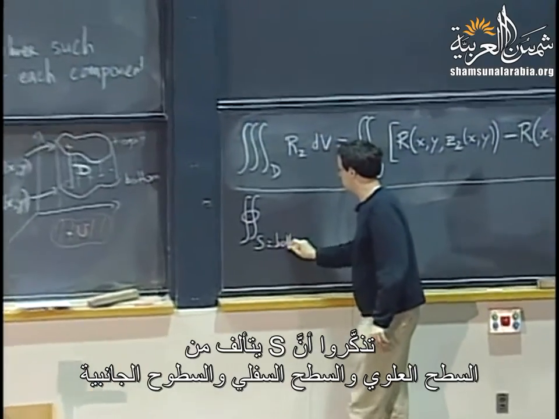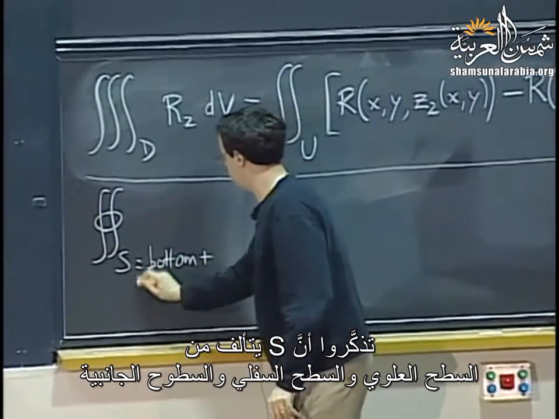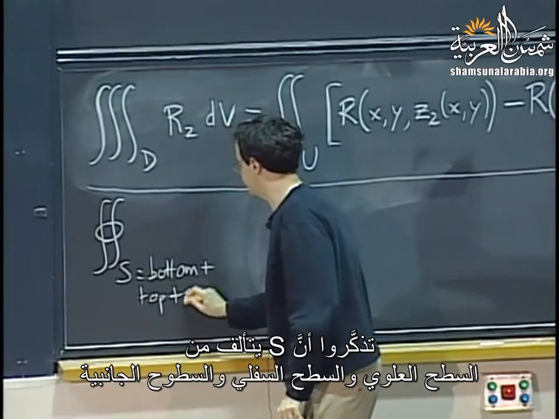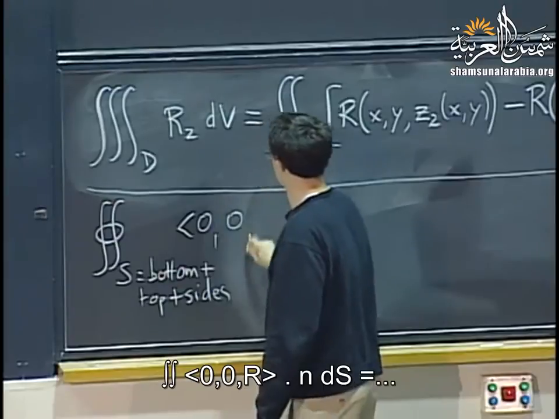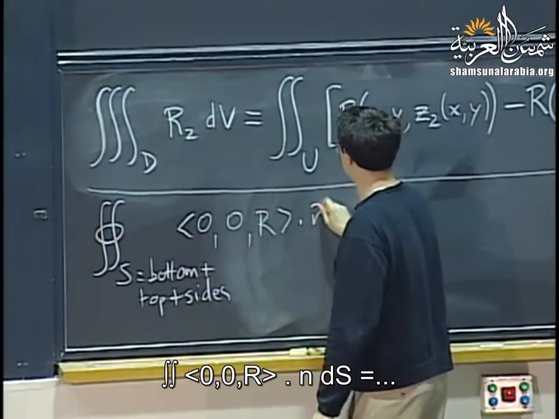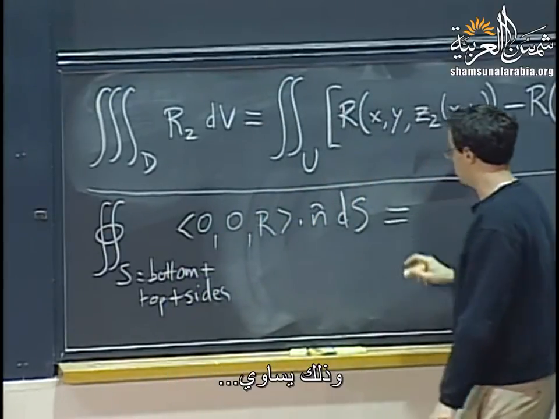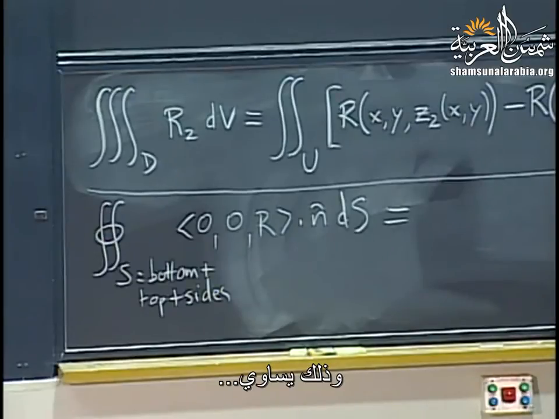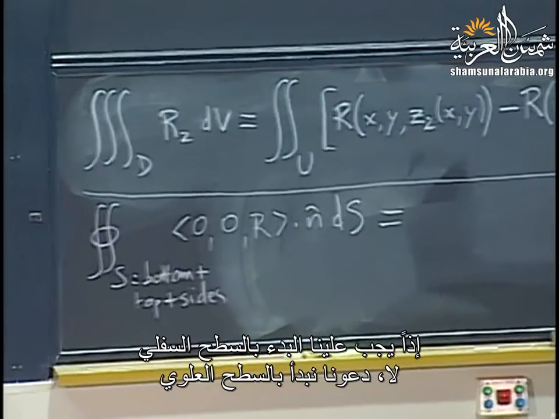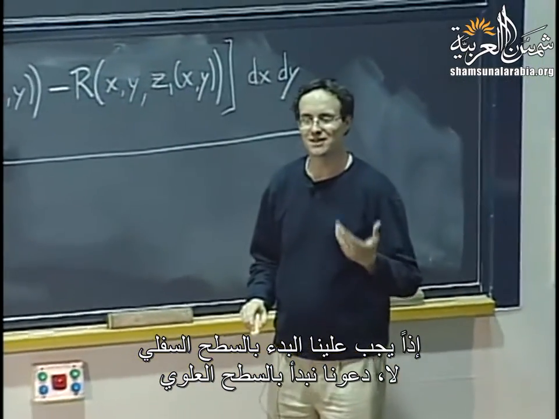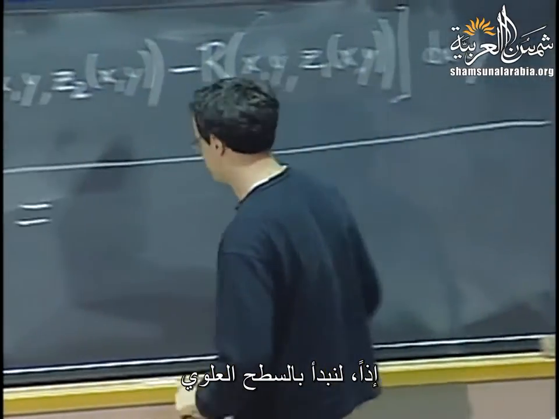So let me just remind you, S is bottom plus top plus sides of this vector field dot n dS equals, okay, so what do we have? So first we have to look at the bottom. Now, let's start with the top, actually. Sorry. Okay, so let's start with the top.